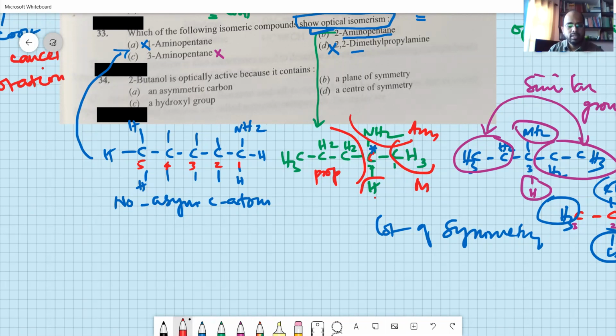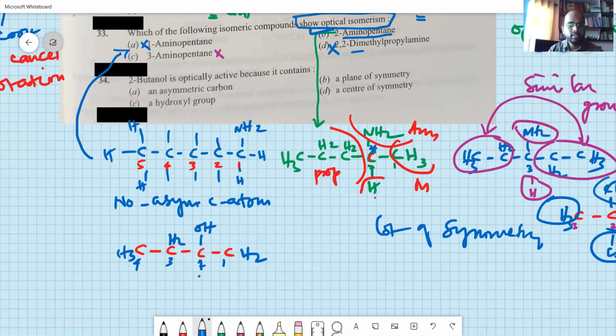Here, butane, first you write 1, 2, 3, and 4. Numbering is 1, 2, 3, and 4. 2 is having alcohol. And the rest is CH3, and this is CH2, and this is CH2. So this is the 2-butanol.